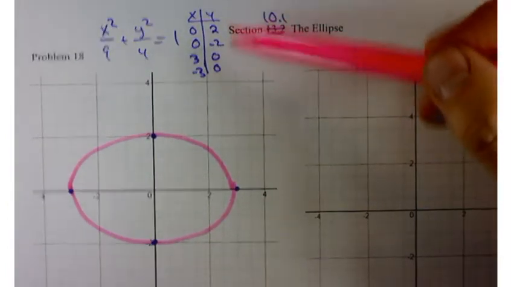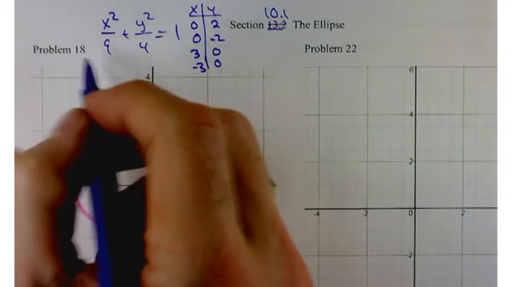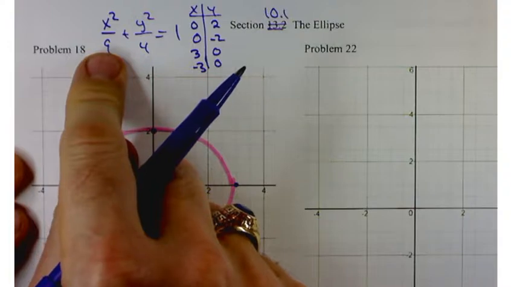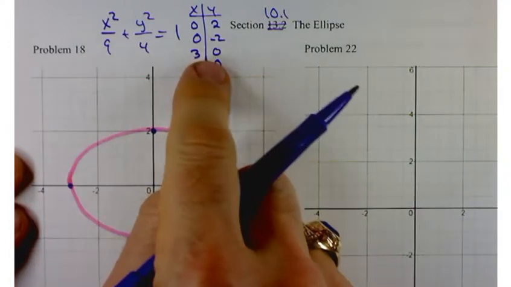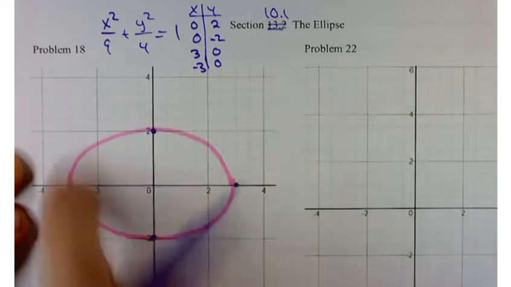Now I kind of sped this up from what I would do in a Math 1150 class, but we can speed it up without really losing too much. And that is, if you notice, there's a little connection between this equation and the vertices here, these points that I used to find my graph.